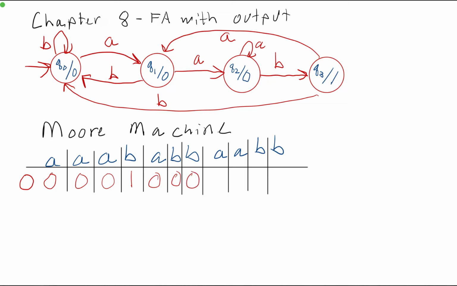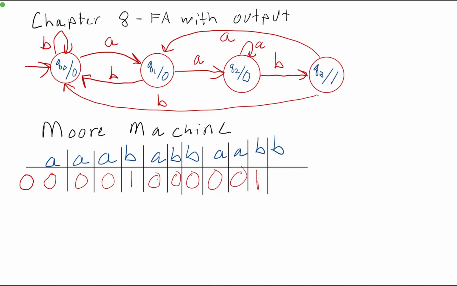Then we get an A, which moves us to that state and produces a 0. Another A, which moves us to that state and produces a 0. Then finally a B, which causes us to move to this state that produces a 1.